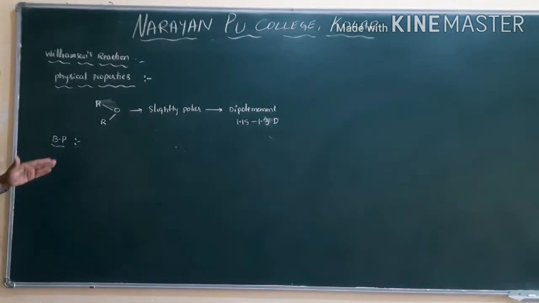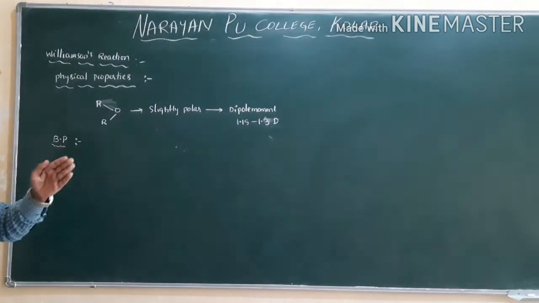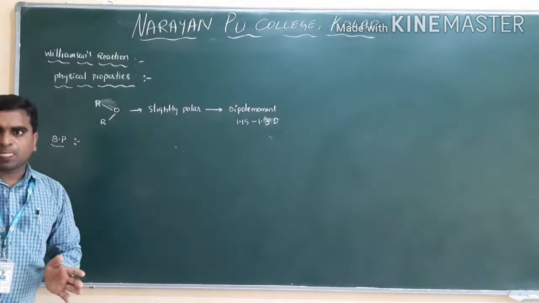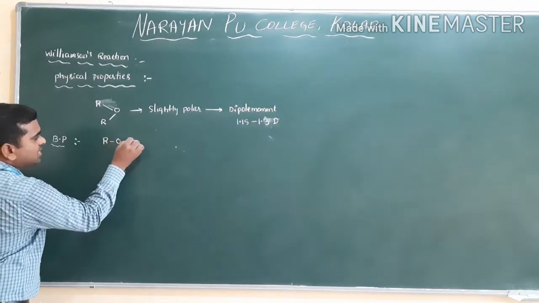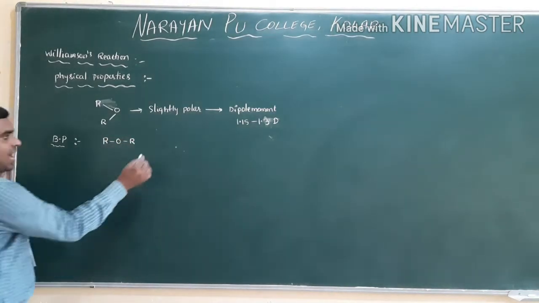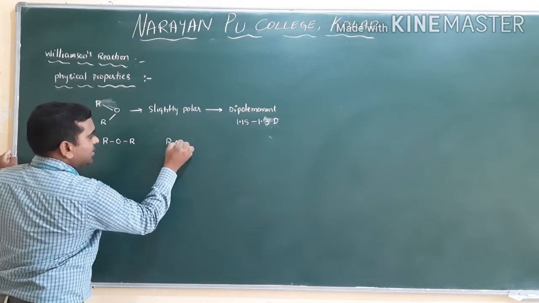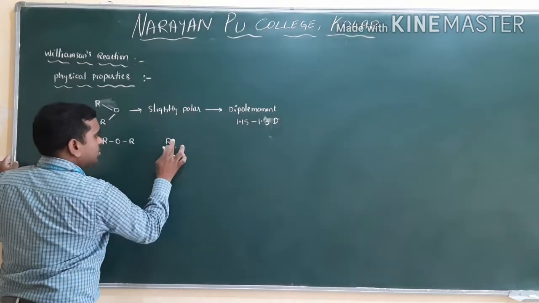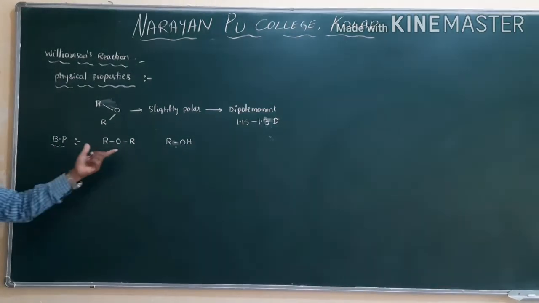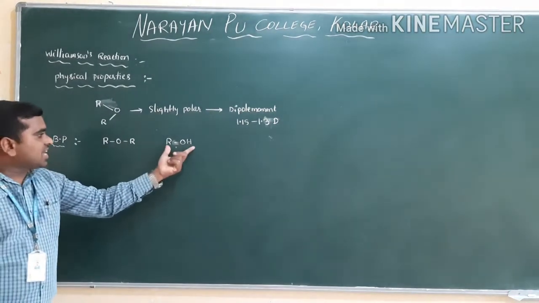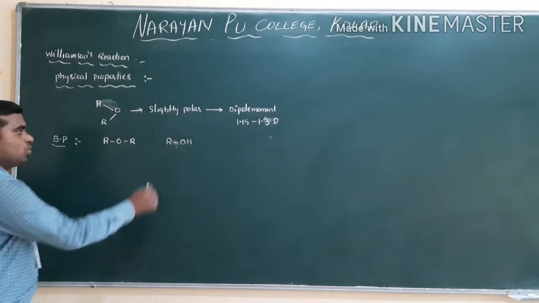So first I will compare the boiling points of alcohols and ethers. If you compare alcohols and ethers, suppose I write here OH simply, this is alcohol and this is ether.